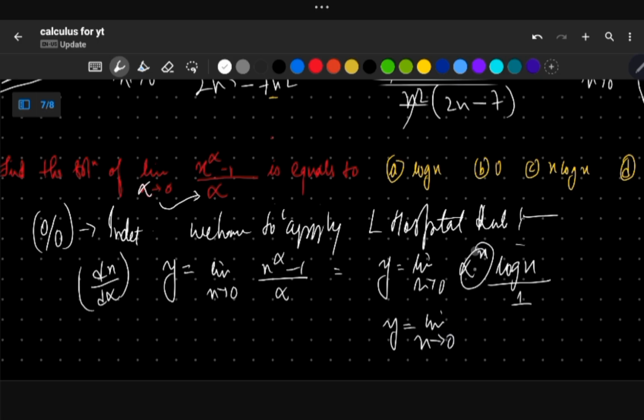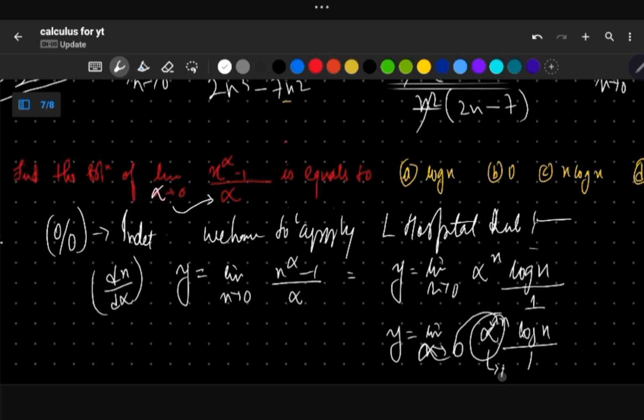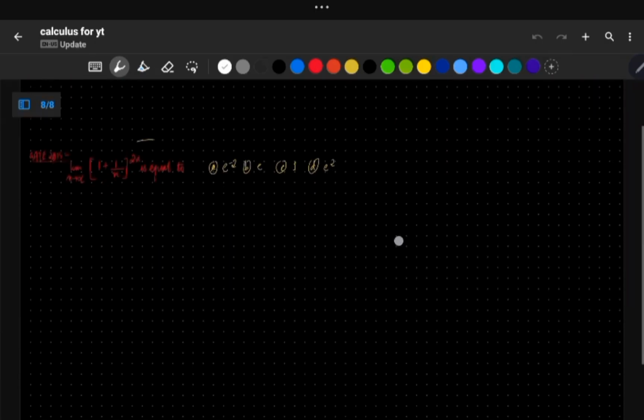If we put 0, x power alpha becomes 1, and we get y equals log x. So the answer is A, y equals log x.